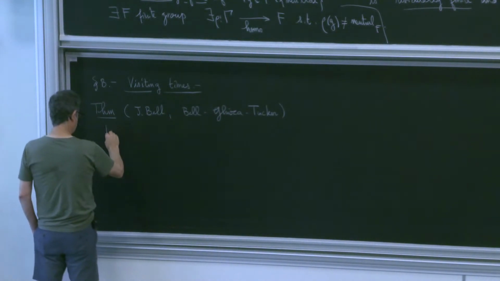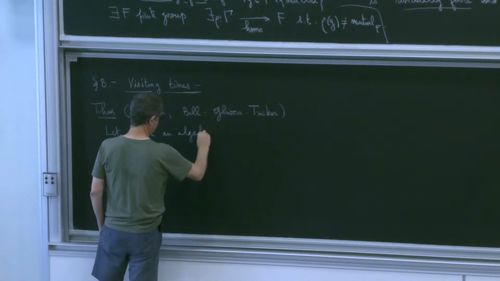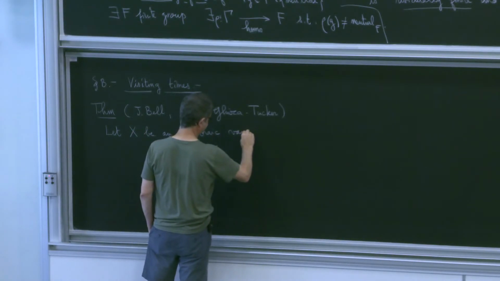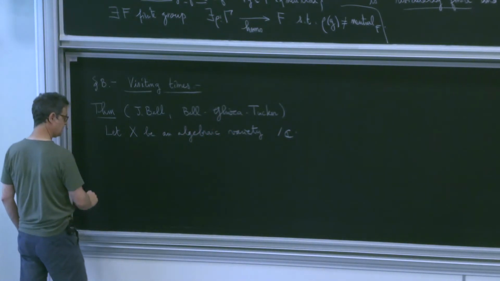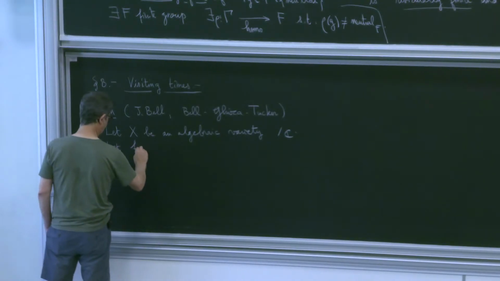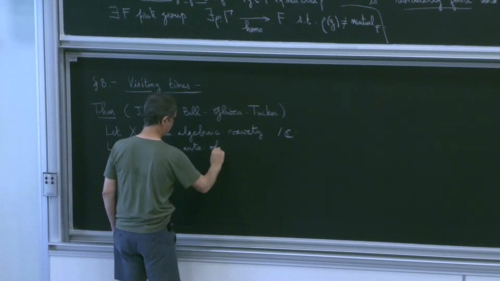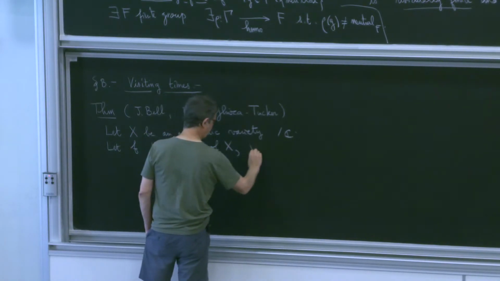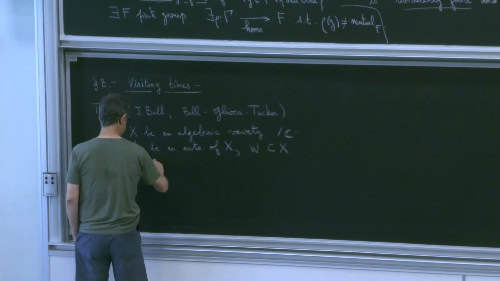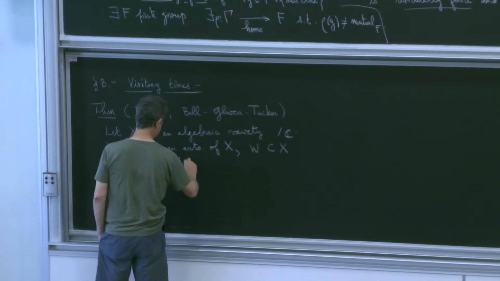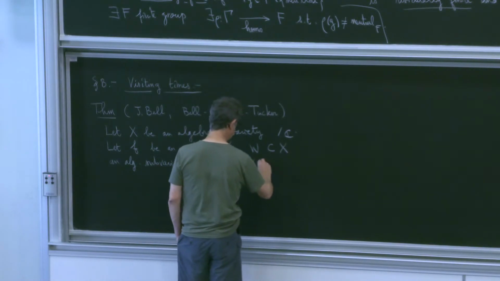Let X be an algebraic variety over C. Let f be an automorphism of X, W in X an algebraic subvariety, and z in X(C) a starting point.